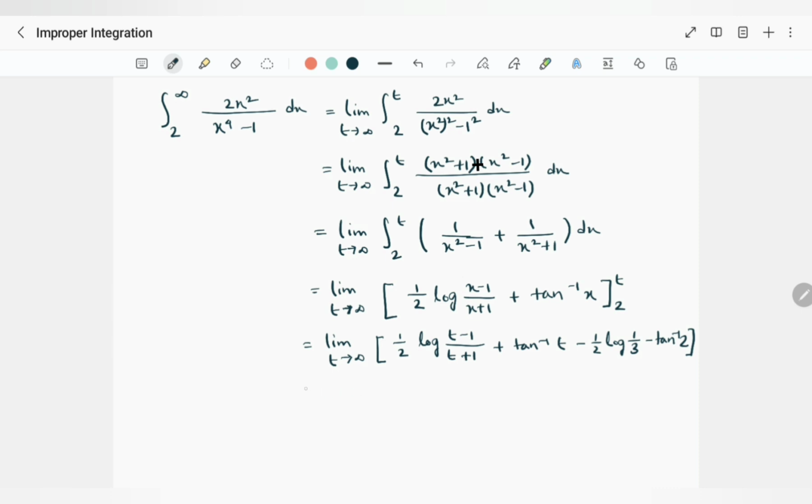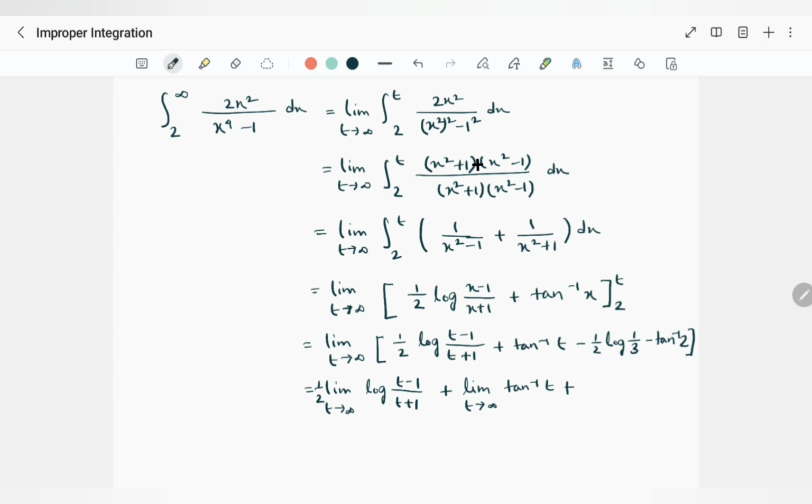Now limit t tends to infinity, so I am writing the half first, half of limit t tends to infinity log of (t minus 1)/(t plus 1), plus limit t tends to infinity tan inverse t, minus, these are all constant terms, so limit is not applicable.